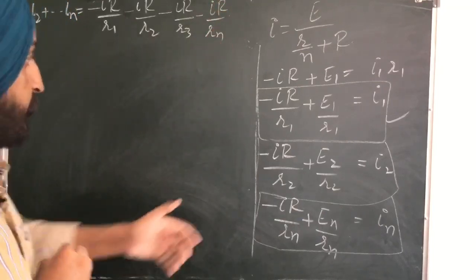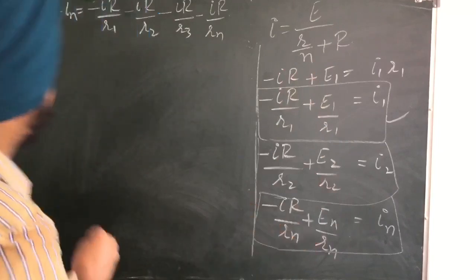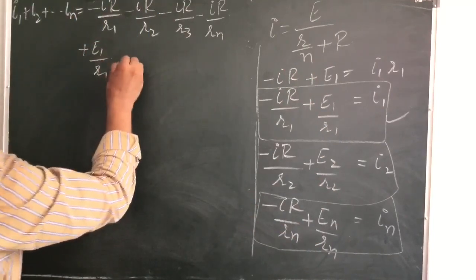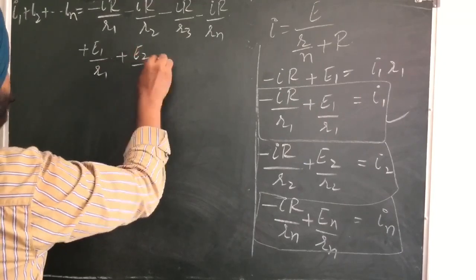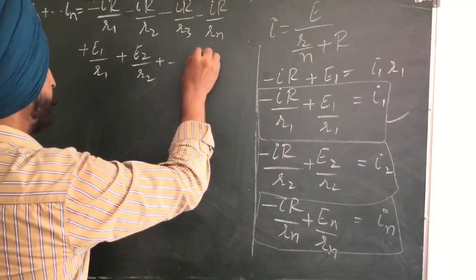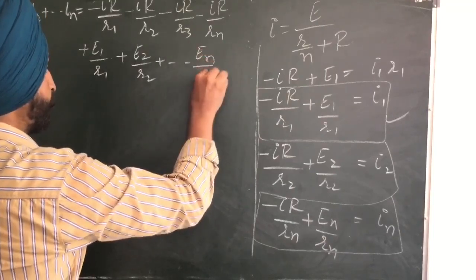Fine. So next I will be adding these values together, plus E1 by R1 plus E2 by R2 up to En by Rn.